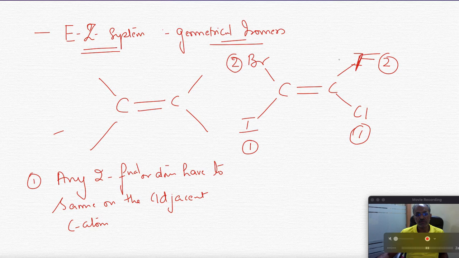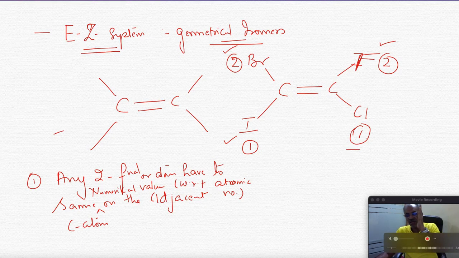What I have told, two functional groups having the same atomic number, numerical value with respect to atomic number. Try to understand. With respect to atomic number, this is 2 here, this is 2 here, this is 1 here, this is 1 here, right?